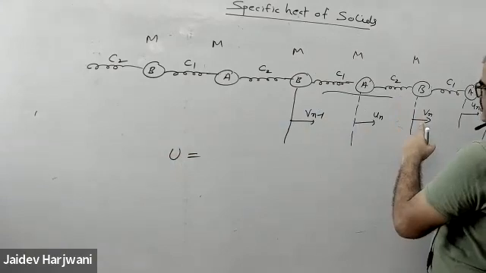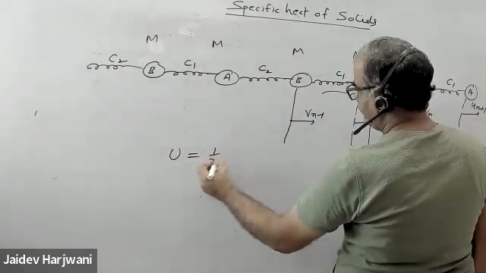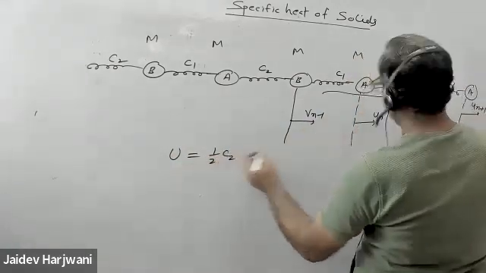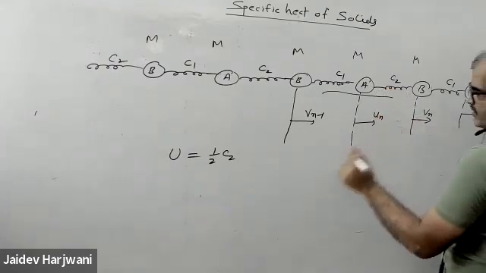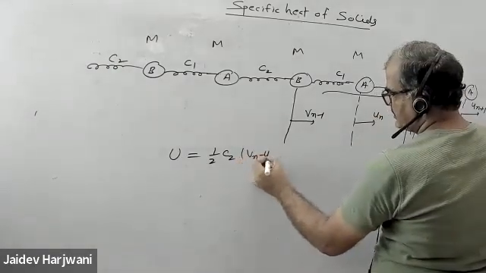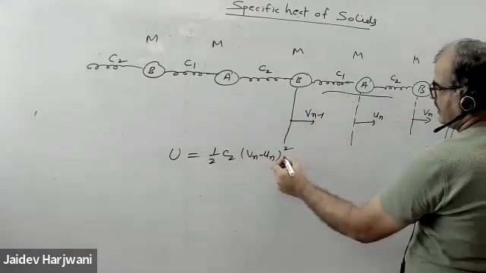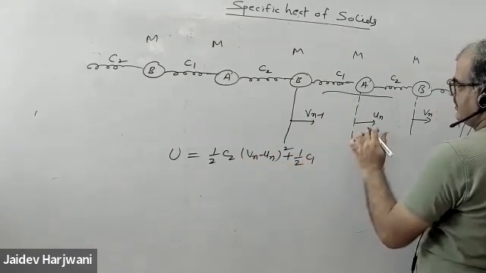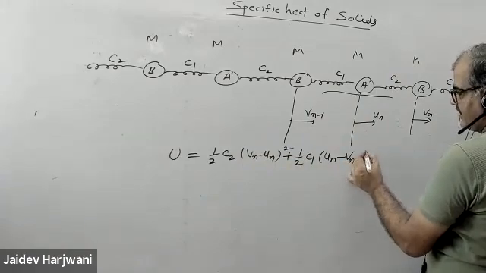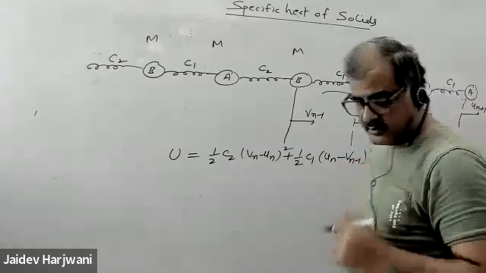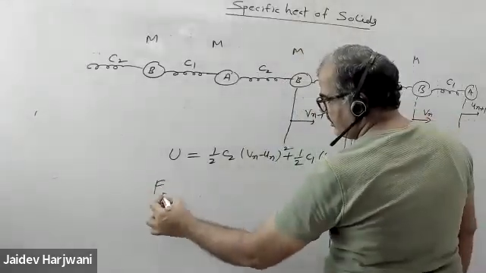This will be half C2, half kx square, where x is Vn minus Un, so half C2 (Vn minus Un) square, and for this one, half C1 (Un minus Vn minus 1) square, isn't it? Yes, sir.